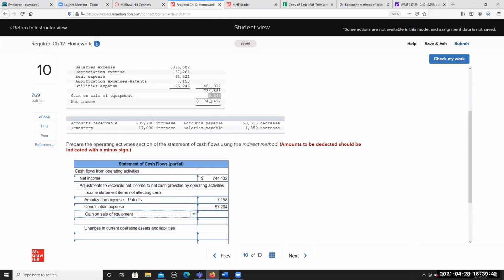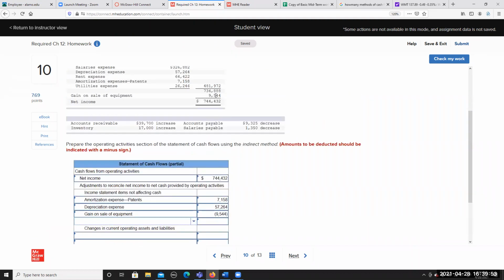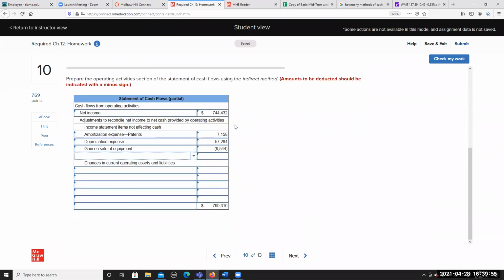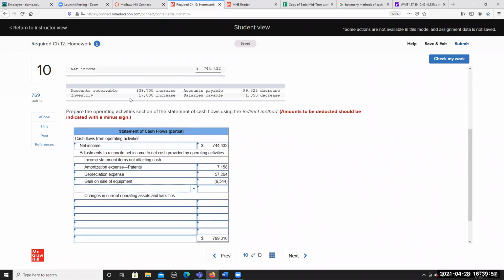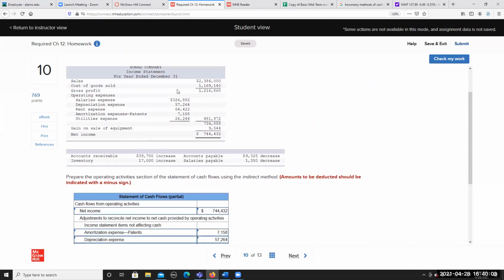Gain on sale, it was added to this, so really the income, so by subtracting it, we get it back to the 734,9544. All right, so now we have it. Now, remember, that's the income statement. So that's what it wanted you to deal with.